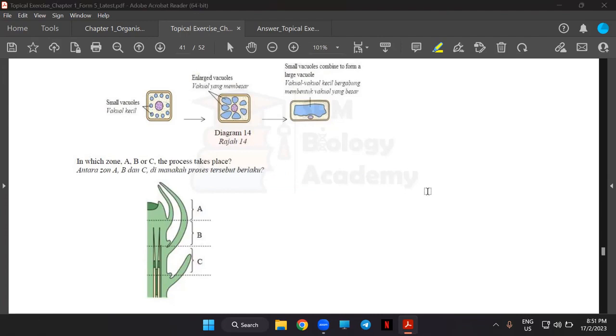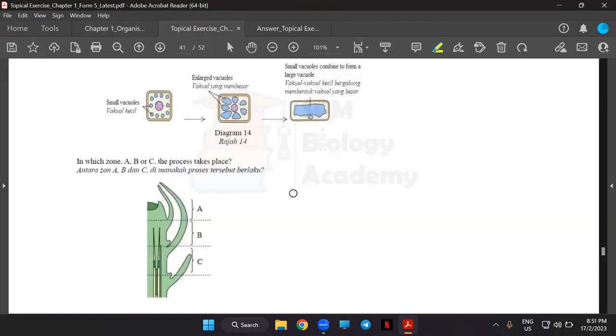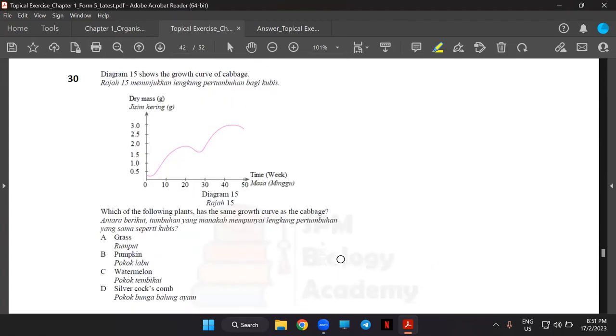Okey, rajah 14 menunjukkan pemanjangan sel. Sel itu sedang memanjang. So berlaku di zon pemanjangan sel. Zone of cell elongation. Maka jawapan kita adalah B. A ialah zone of cell division, zon pembahagian sel, dan C ialah zone of cell differentiation, zon pembezaan sel. So B jawapan dia.